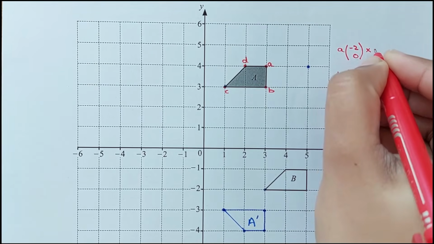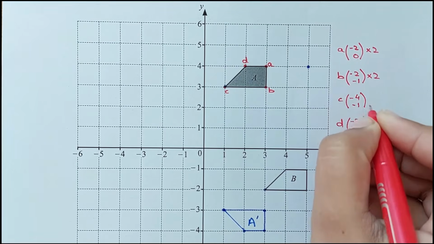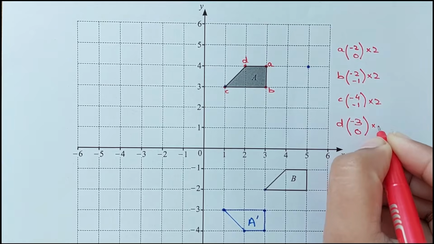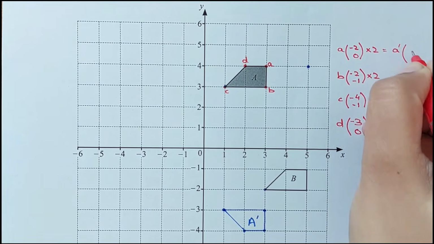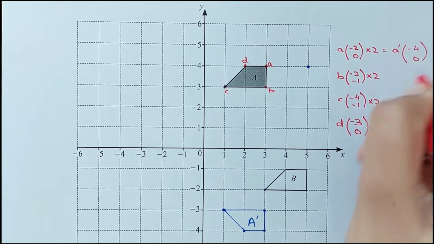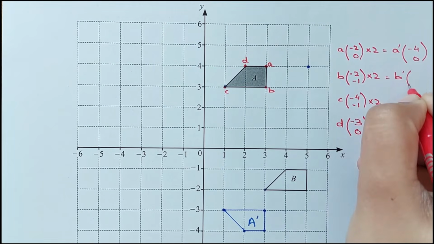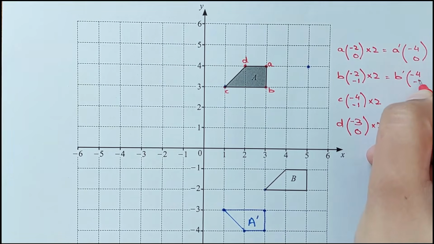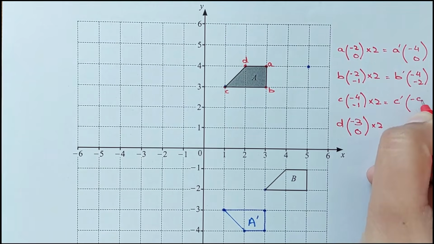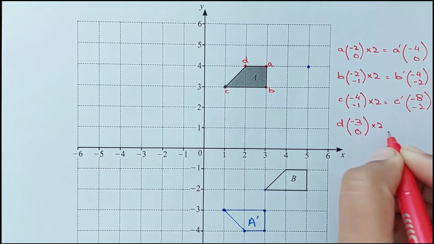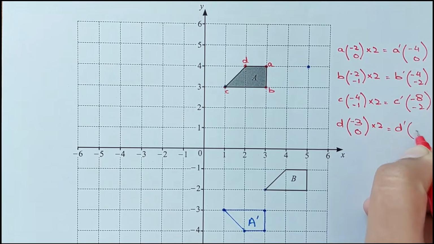Now multiply all of them with the scale factor which is given to us to get the new coordinates, right? So the new coordinates, we can say A prime is minus 4, 0. B prime is minus 4, minus 2. C prime is 2 times 4 is 8, minus 8, minus 2. And D prime is minus 6, 0, right?